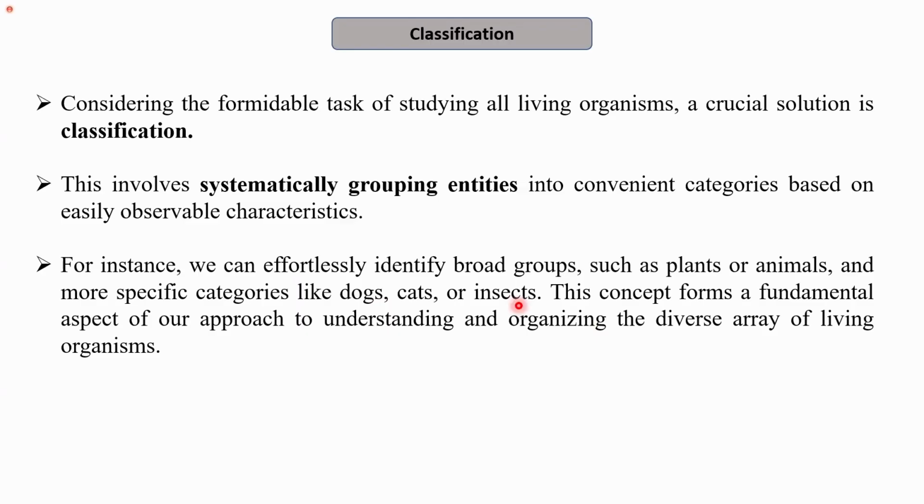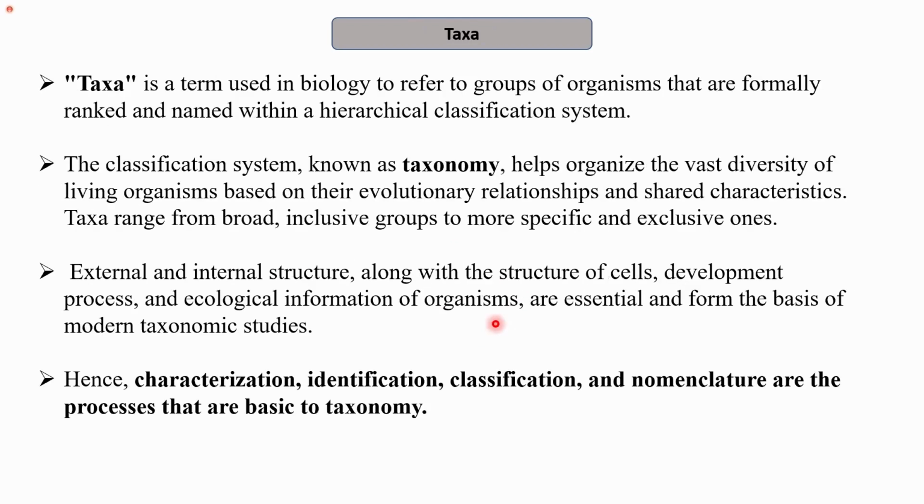When we classify organisms into different categories, then comes the term taxa. Taxa is a term used in biology to refer to a group of organisms that are formally ranked and named within a hierarchical classification system. We know that even in our families we have hierarchy. If I talk about the entire world, we have different countries, and even within a country we have different regions and different groups.